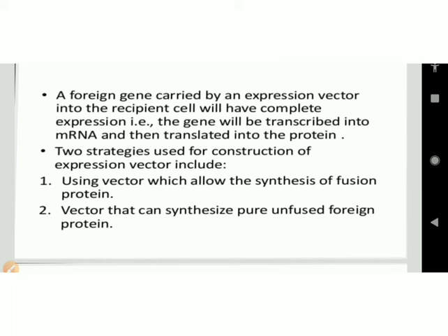That is, the gene will be transcribed into mRNA and then translated into protein. We already know about the process of transcription and translation. The same process is done in the case of the expression vector. First the transcription process is done and the mRNA is formed, and after that the translation process is done and the protein we require is formed.